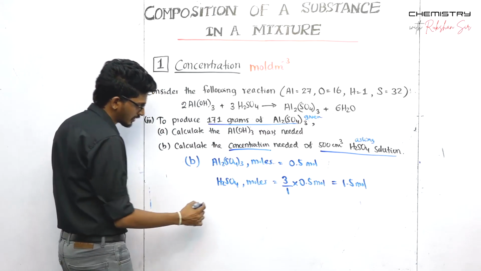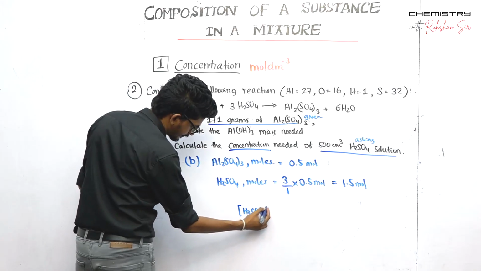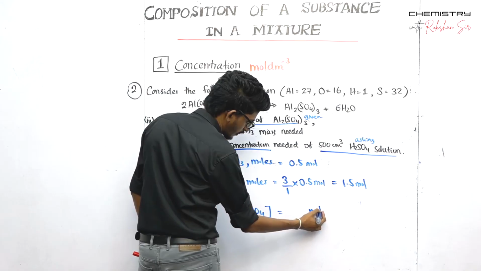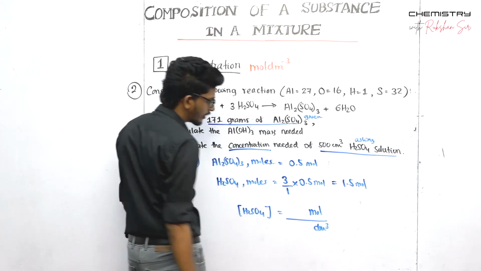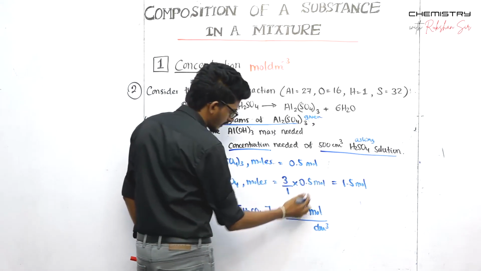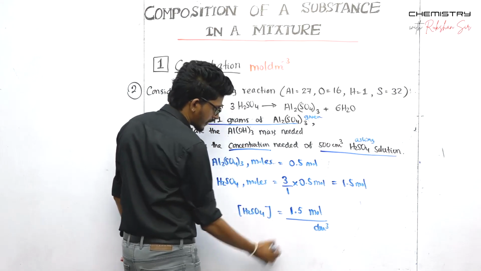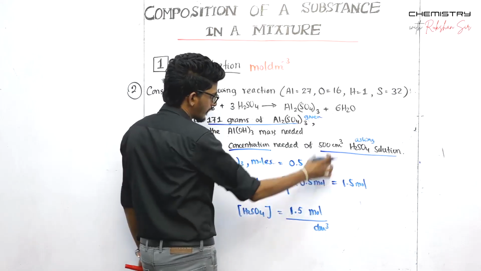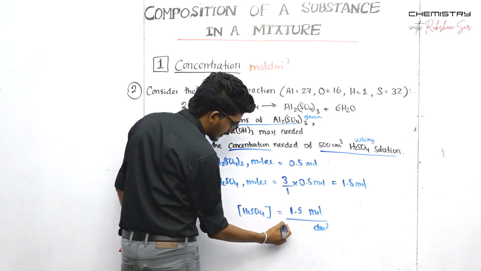Okay, let's do the stuff. So the concentration of H2SO4: we need to divide the mole value by the dm3 value. That will give you the mol dm^-3 value, which is the concentration. So the mole value of H2SO4 is 1.5, and the volume of H2SO4 is 500 cubic centimeters.